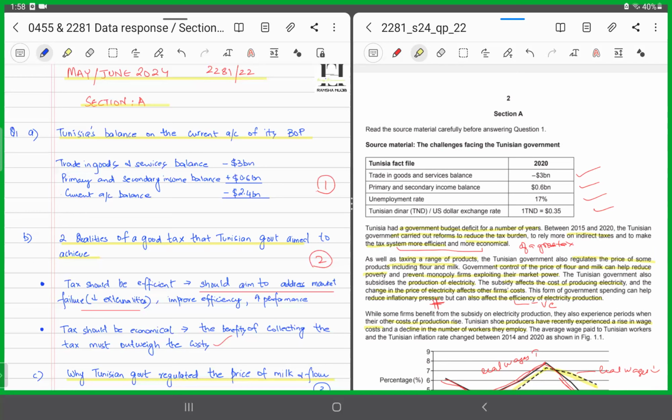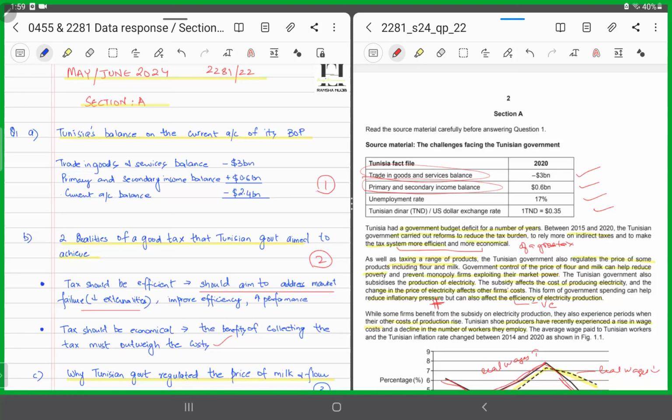Now, in order to calculate the amount for the current account, we know that we add 4 components: the trade in value for goods and the trade in value for services, the primary income balance and the secondary income balance. Now, in this table, they've given us the trade in goods and services balance. So we'll take this figure and we'll take the primary and the secondary income balance. We'll add the two together in order to arrive at the value of current account balance.